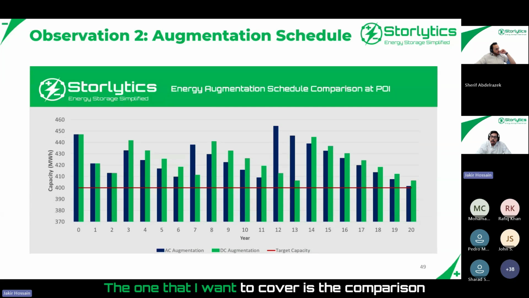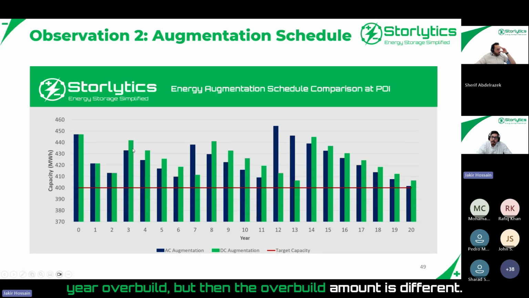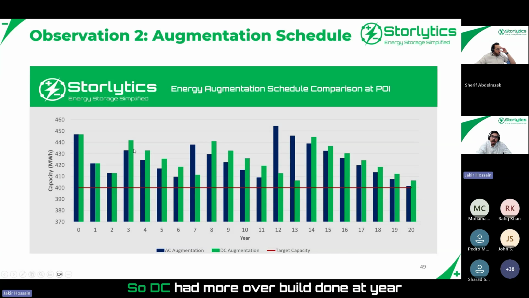The one that I want to cover is the comparison of the augmentation schedule, AC versus DC. In this case, both show a first 3-year overbuild, but then the overbuild amount is different. So DC had more overbuild done at year 3, more augmentation done at year 3 than the AC.